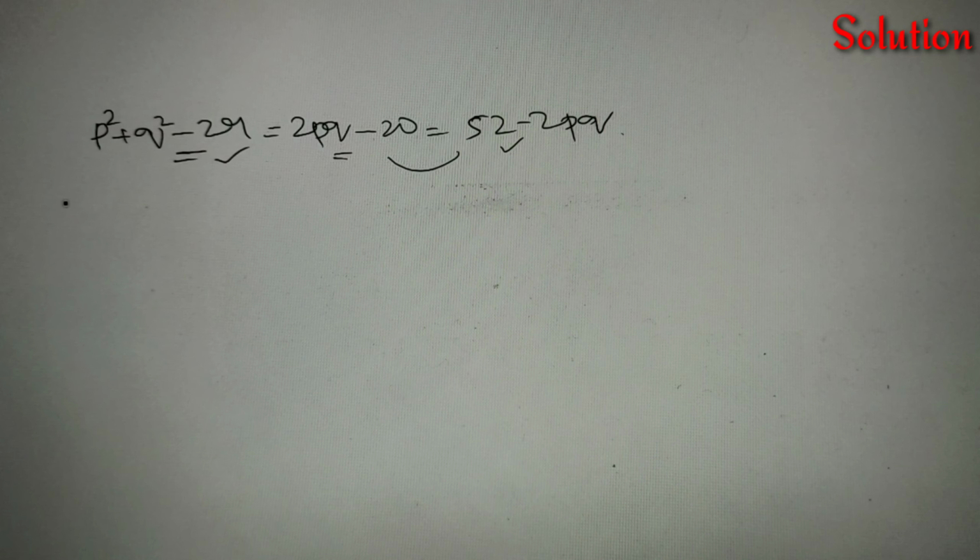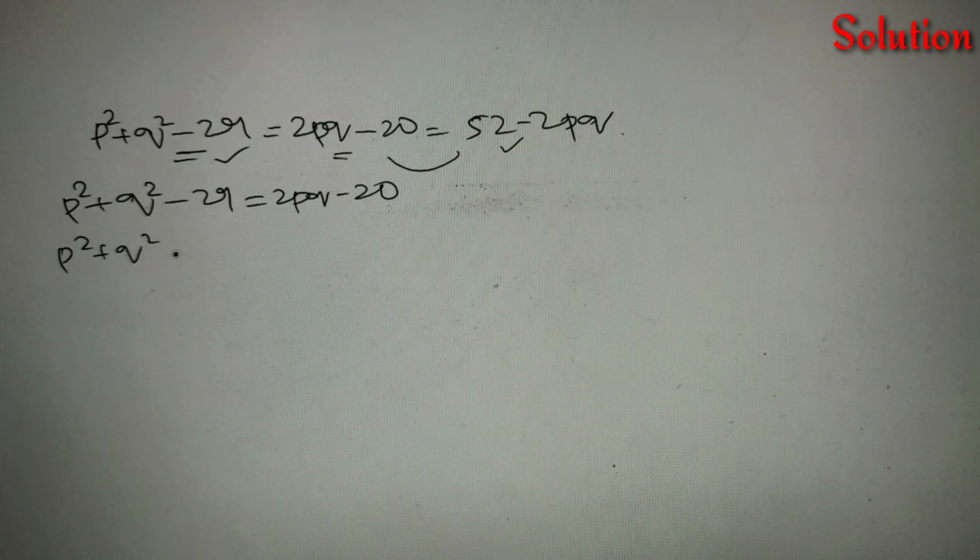So let's begin. So the first equation that we have is p square plus q square minus 29 is equal to 2pq minus 20. So we have p square plus q square, taking 2pq to the LHS, so we have minus 2pq is equal to minus 20 plus 29.